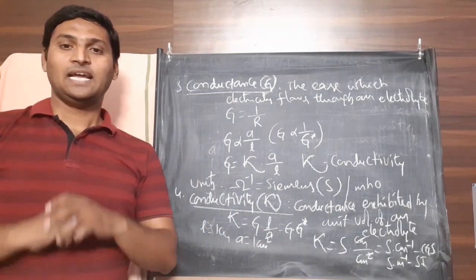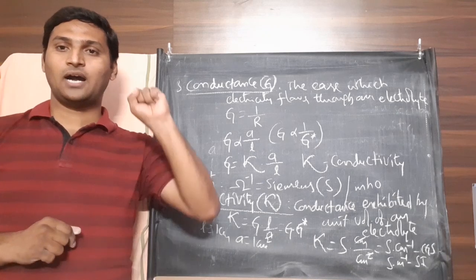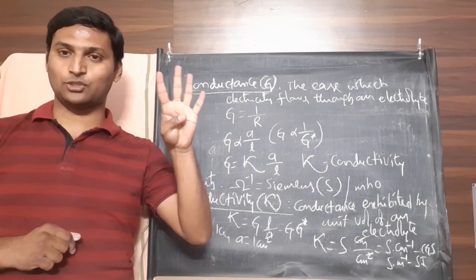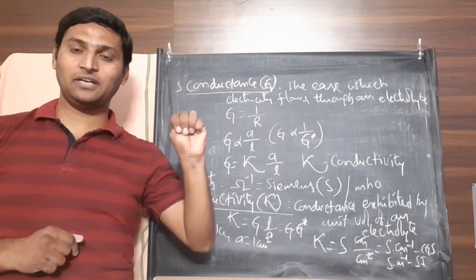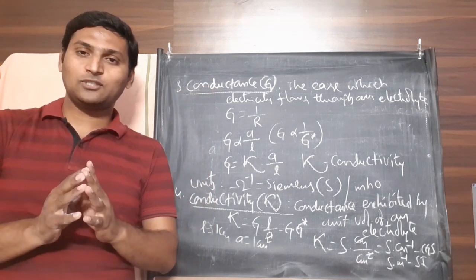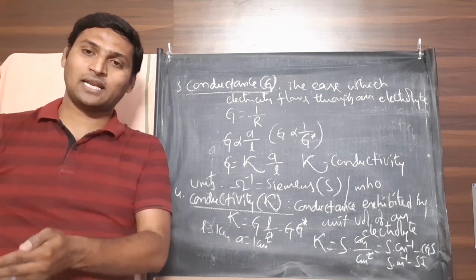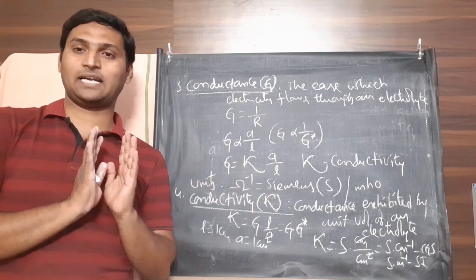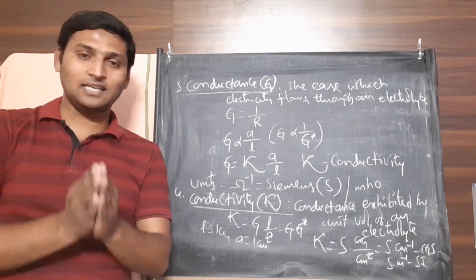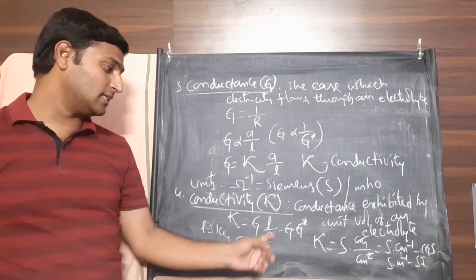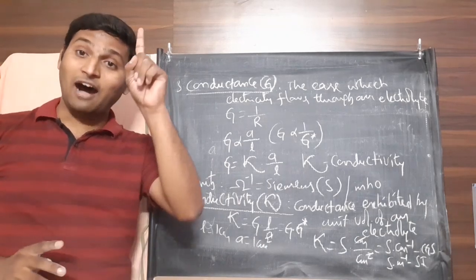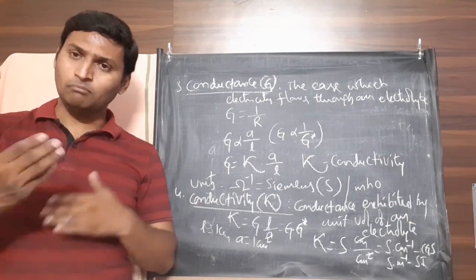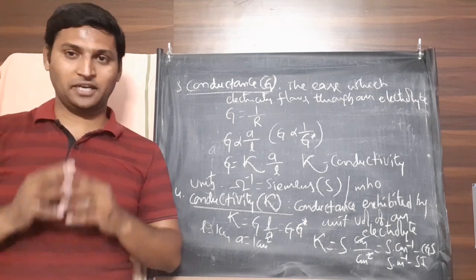Okay. Now if you notice, all these four properties I discussed so far, resistance, resistivity, conductance, conductivity, are properties which can be expressed for both electronic conductors and electrolytic conductors. Only difference is, in case of electronic conductors, the ratio L by A is simply the ratio of length and area of cross section of that metal, metallic wire, metallic rod, whatever it may be.